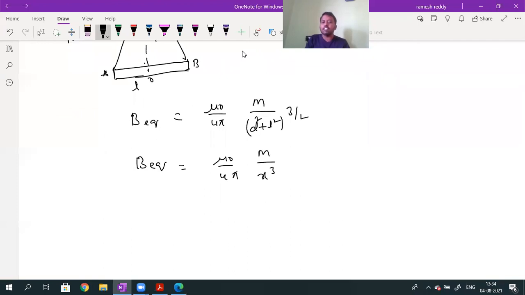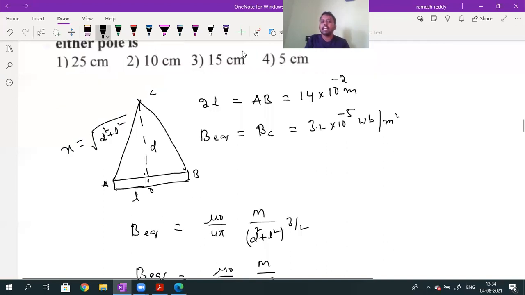Now I want to calculate the value of X. X cube will be given by mu naught by 4 pi into capital M divided by B equatorial. The magnetic moment they gave is capital M equal to 5 ampere meter square.